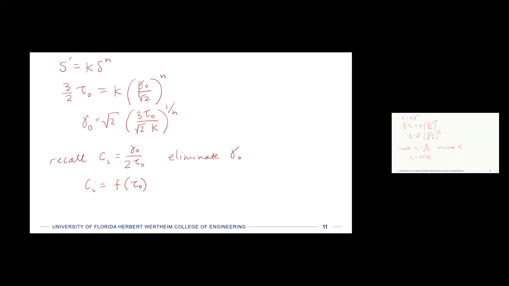Right, so that's what we come up with. And we get C sub I is equal to square root 2 over tau naught times 3 tau naught divided by square root 2 times K, to the 1 over n, over 2. Okay.